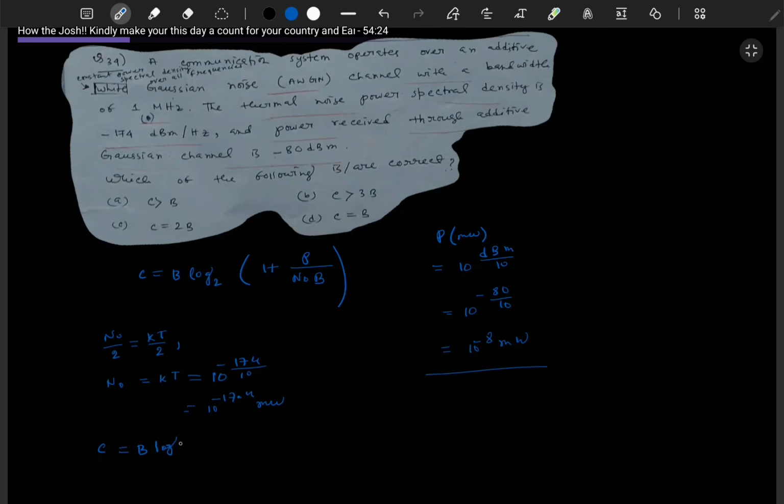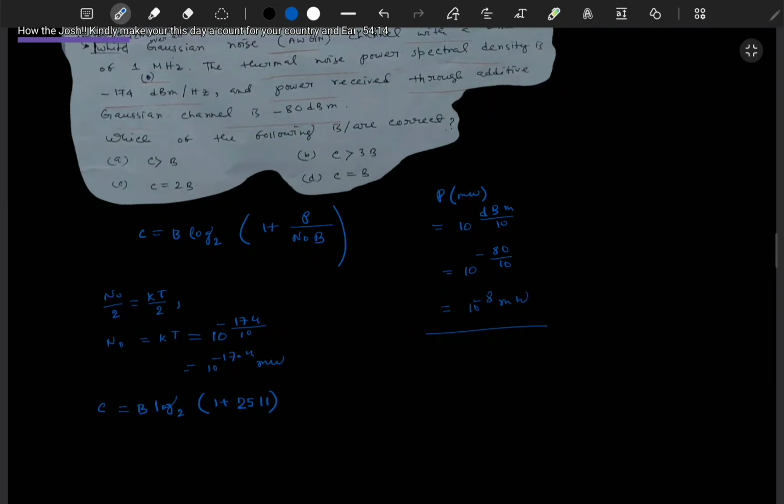So its channel capacity is equal to B, we keep B as it is.